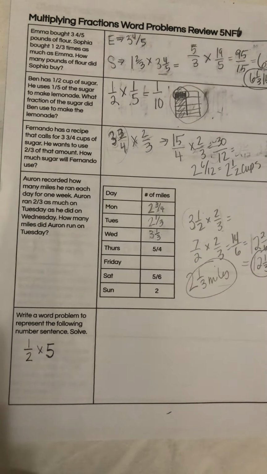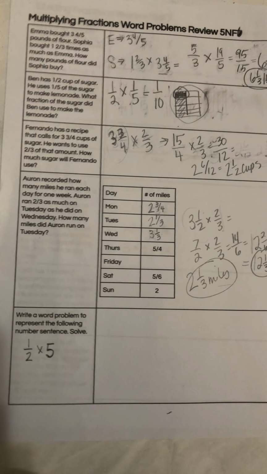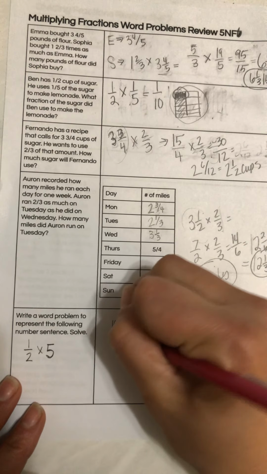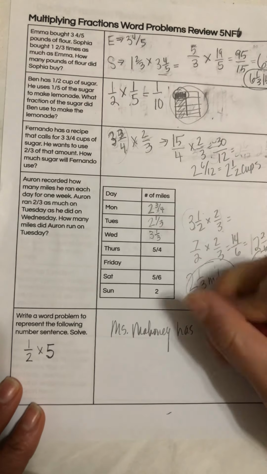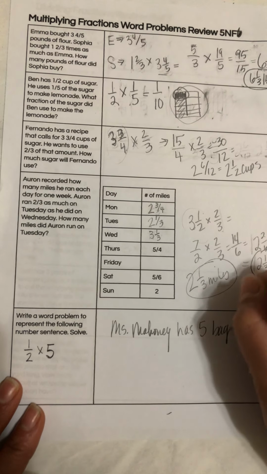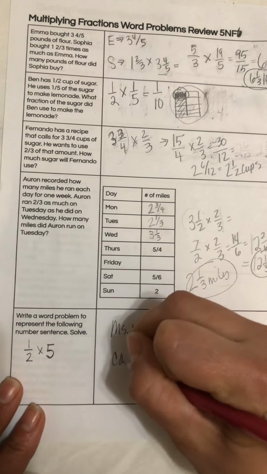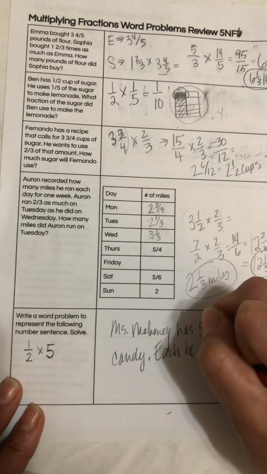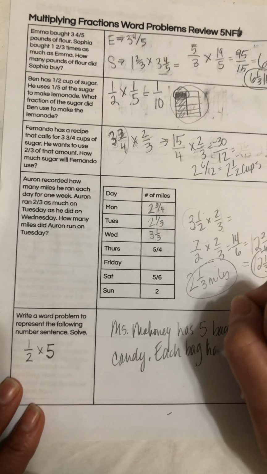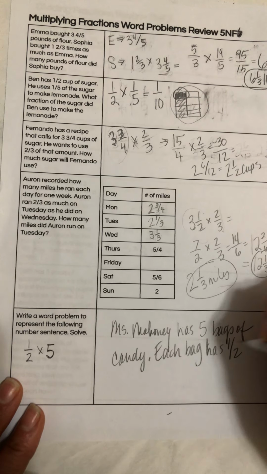All right, this last one: write a word problem to represent the following number sentence and then solve. So this is 1/2 times 5. You can say it's like 1/2 taken 5 times. So you might say, Miss Mahoney has 5 bags of candy. Each bag has 1/2 pound.